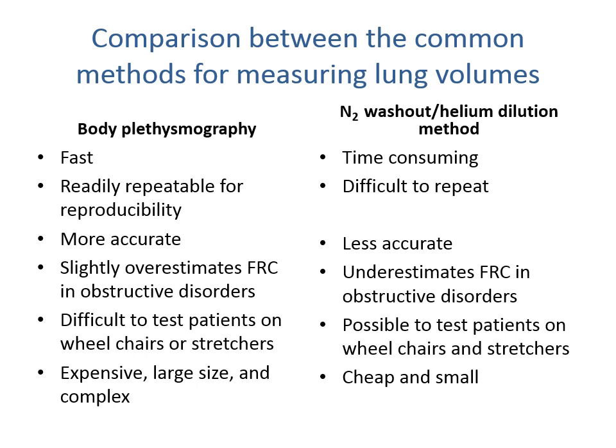Body plethysmography is difficult for testing patients on wheelchairs or stretchers. In the case of nitrogen washout and helium dilution, it is possible to test patients on wheelchairs and stretchers. Body plethysmography is expensive, large in size and complex, but the nitrogen washout and helium dilution method is cheap and small.